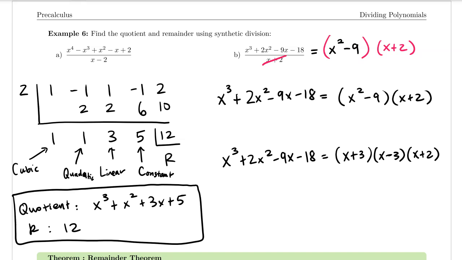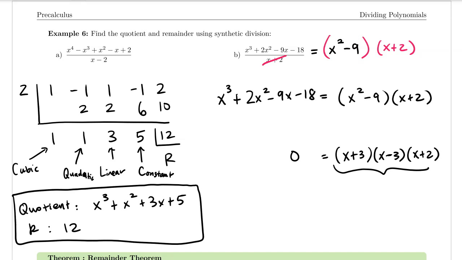Now, you might be asking yourself, why would we care to put a polynomial into factored form? If you said to find the x-intercepts or to find the zeros of the polynomial, you would be absolutely correct. So now that we've factored this, I can set this equal to 0 and use the zero product principle on this.